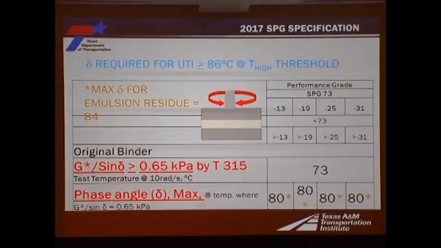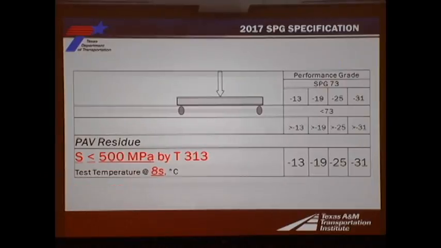No, that's for everything. Okay, so we adjusted that a little bit because we did see some problems in the field with some binders that were a little softer than we wanted. And again, we're just making adjustments for what we saw. We think this will work out better and get us more where we want to be. That's the same as it's been, but the temperature ranges, the temperatures that we're selecting are different.